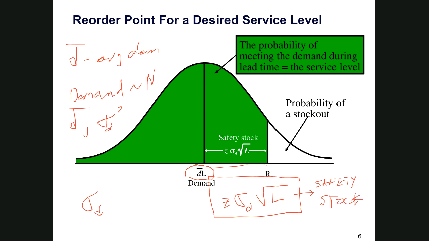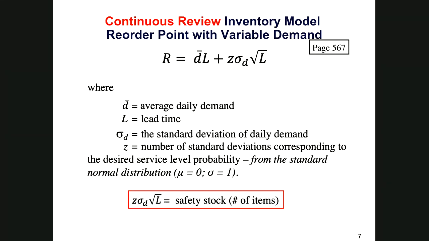Okay. So now here's the summary of what we need to know. And again, for our continuous review model, we're calculating the reorder point, not the order quantity, but the reorder point, R. And we're going to do this by, here's our lead time demand, D bar times that lead time, plus our safety stock.